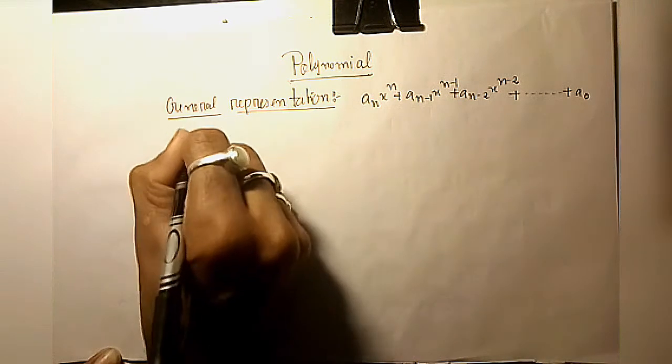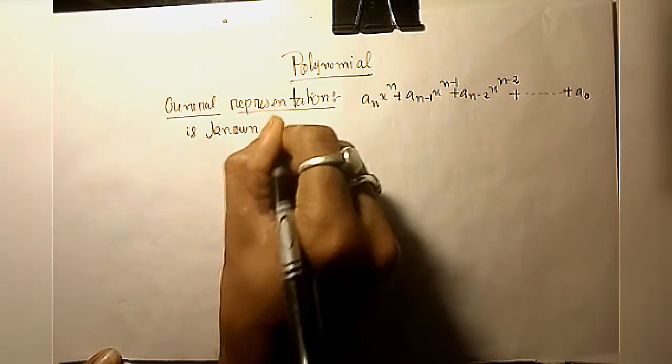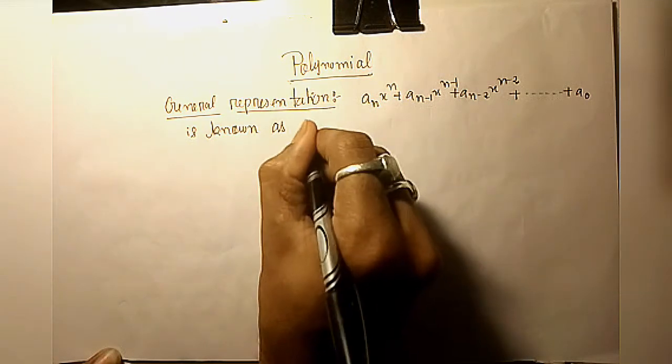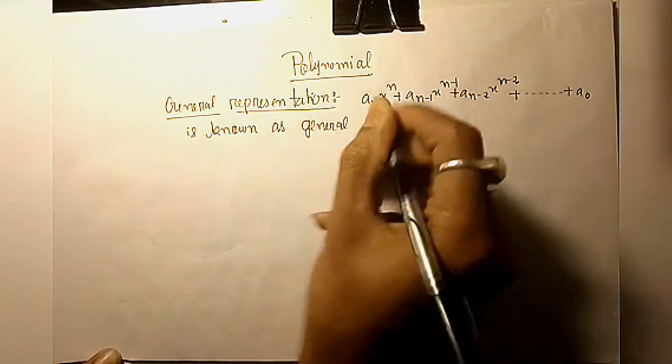So this is known as what? The general representation of a polynomial.